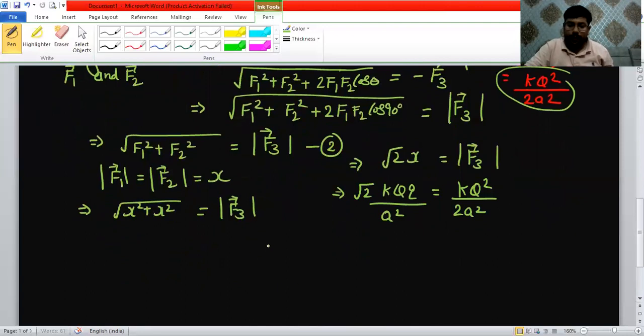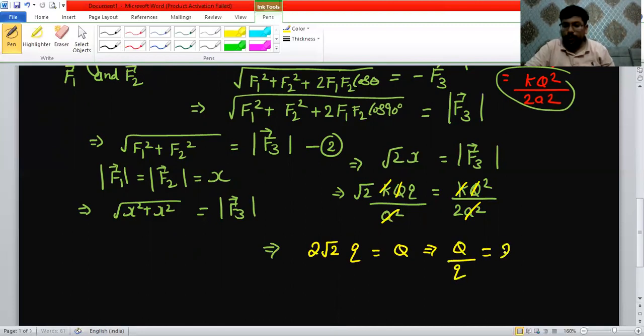So we can simplify this equation. Here K cancels with K, one capital Q with this Q, A square with A square. After simplifying we get 2 root 2 small q equals capital Q, which gives us the ratio capital Q to small q as 2 root 2.